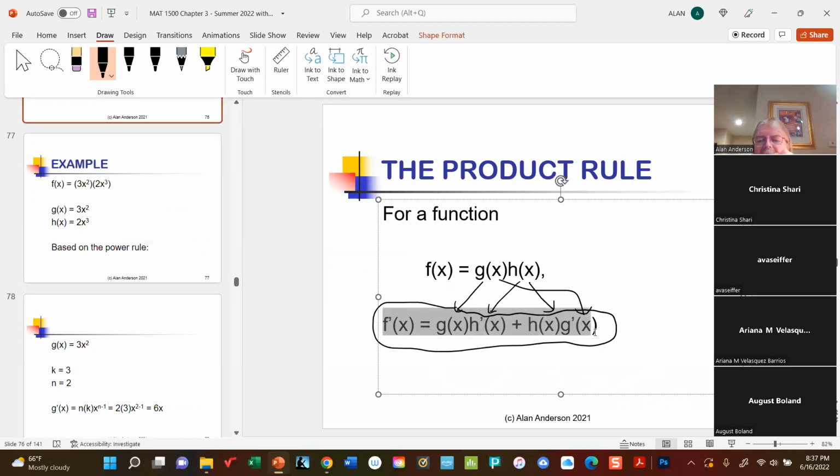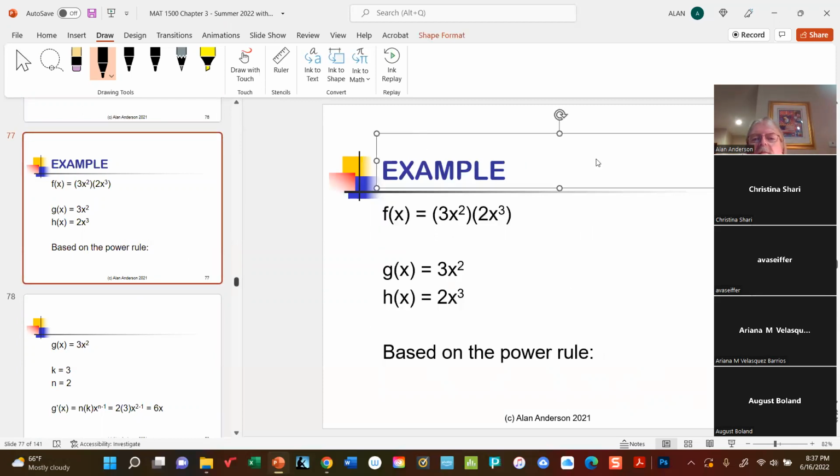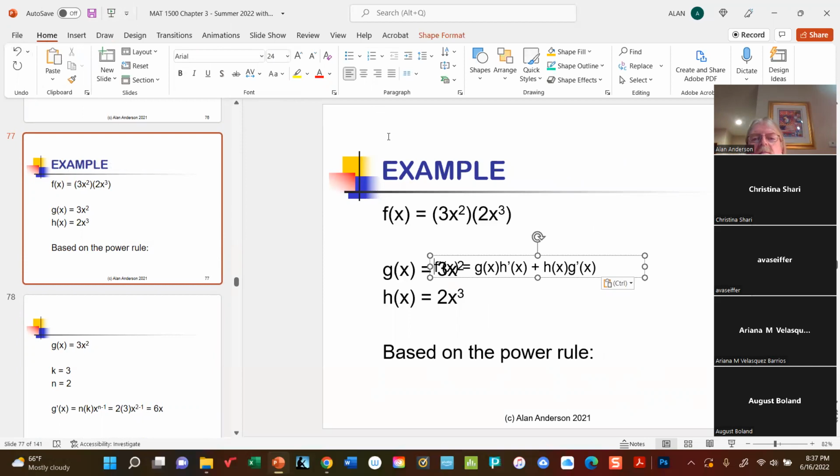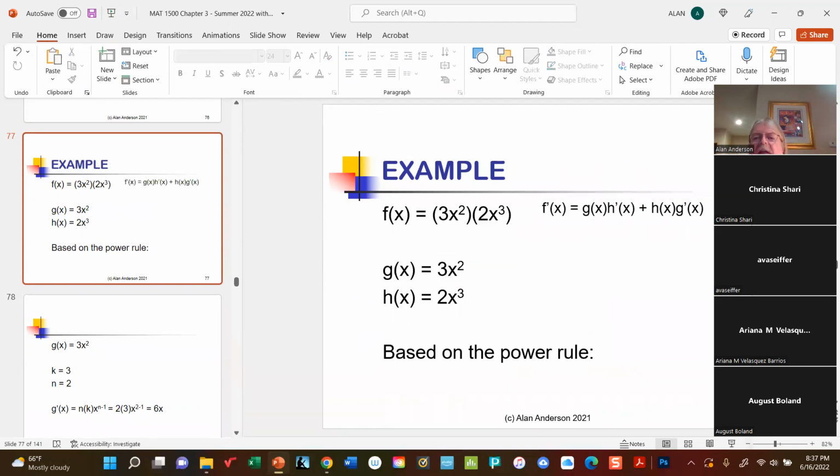Okay, actually, I'm going to copy this. Just to have it as a reference point here. Okay, so you can see now what I was talking about.